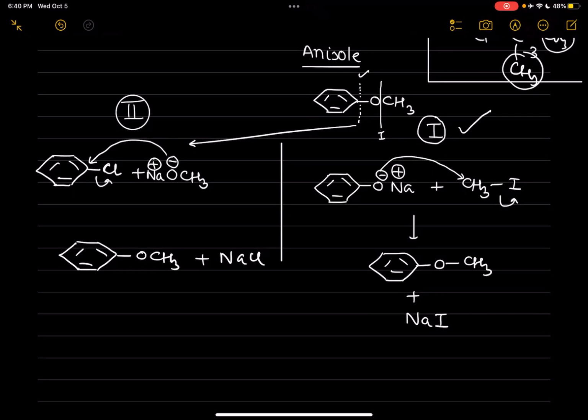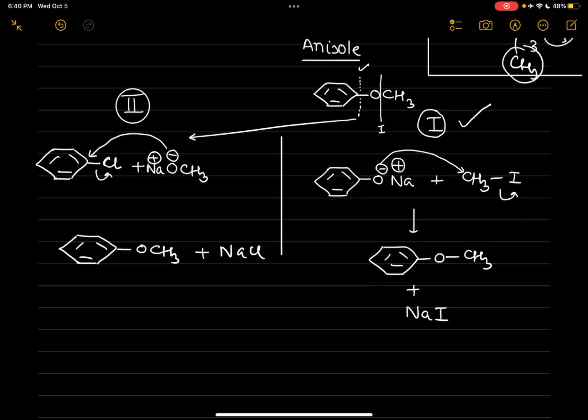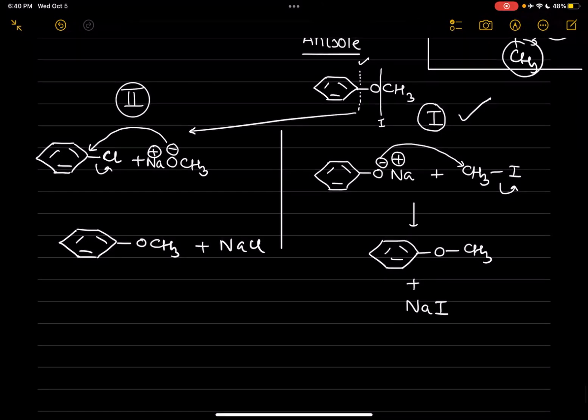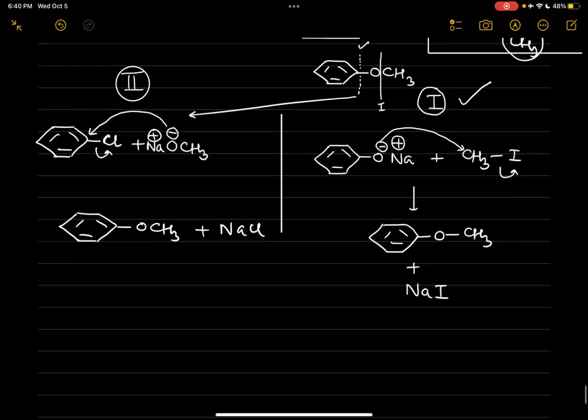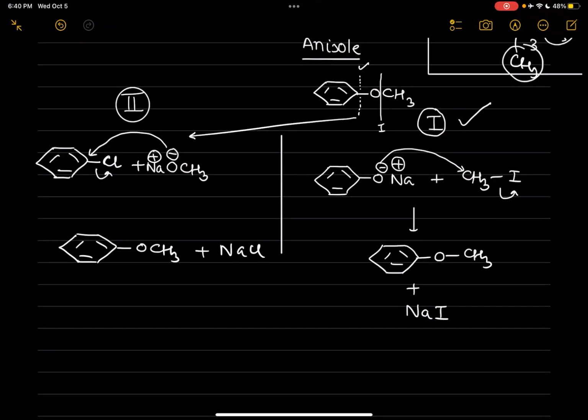Is it because the bond is easier to break in the first one? So which bond will be difficult to break in the second one? Yeah, you have directly come to the point. If you take the second, it is difficult for us to break.